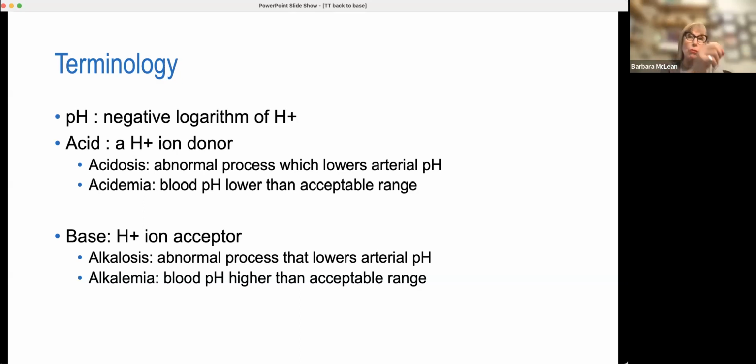So when I measure lactate, I'm not measuring acid, I'm measuring the presence of lactate. And as lactate goes up, that means naturally that more hydrogen ions have been donated into the blood.